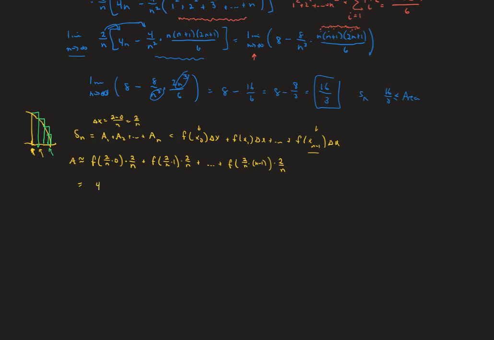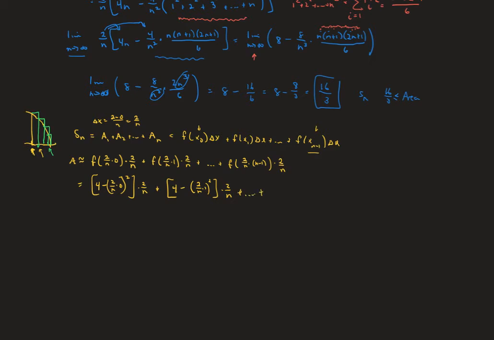Now we're going to plug this into our function. So we're going to get 4 minus 2 over n times 0, squared, and then we're going to take that times 2 over n. The second one is going to be 4 minus 2 over n times 1, squared, that's our f of x, times the width, the delta x there.